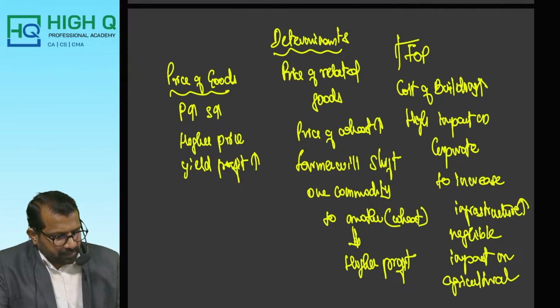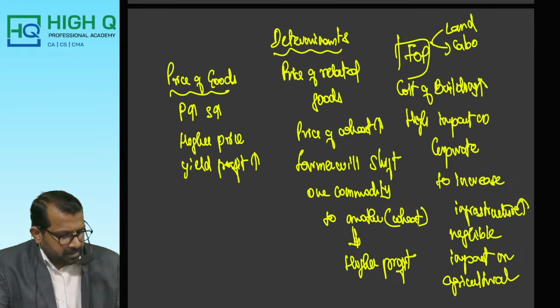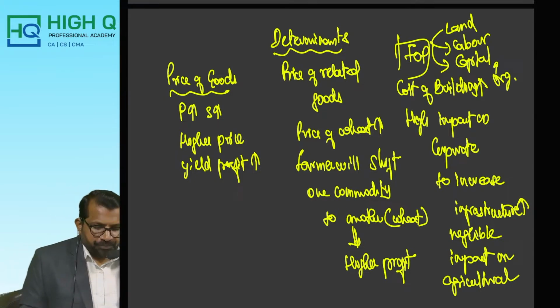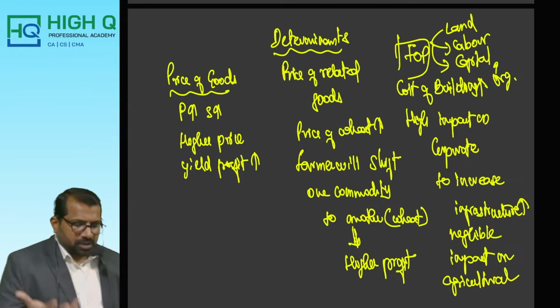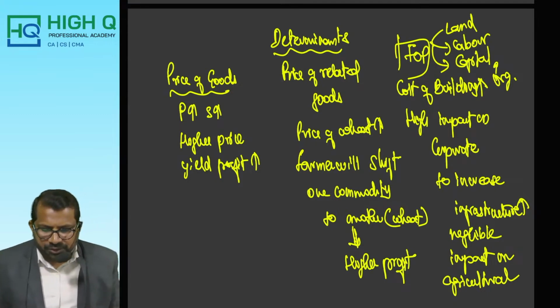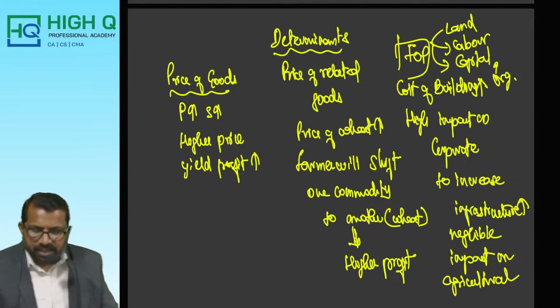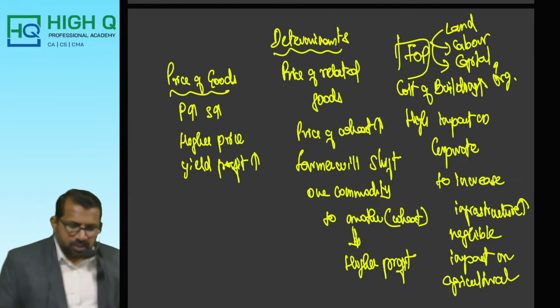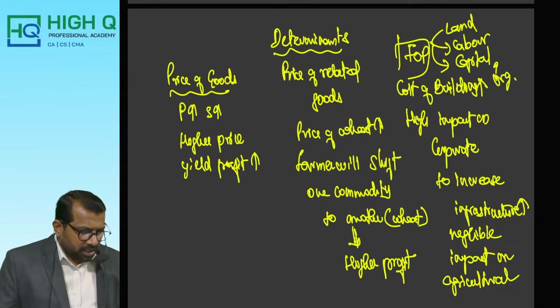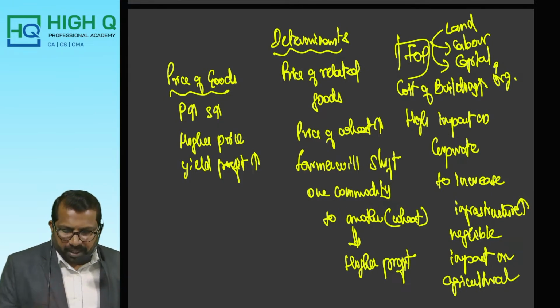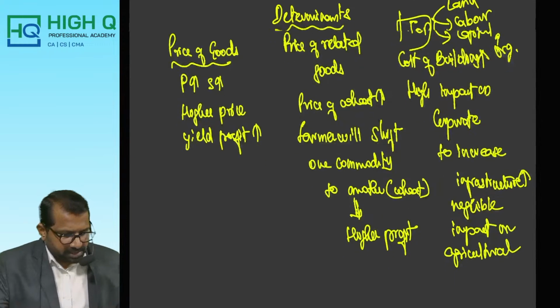So factors of production deal with land, labor, capital and organization. Once the cost of building price started to increase, the people will show more interest to increase the infrastructure, but at the same time they may show some negligible impact on agricultural business too.